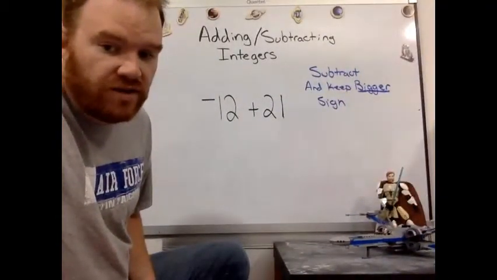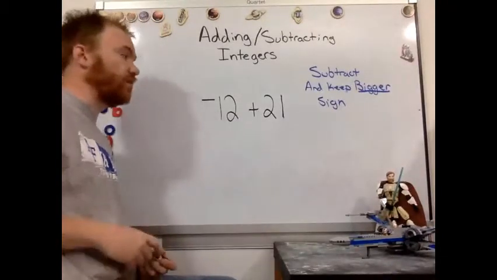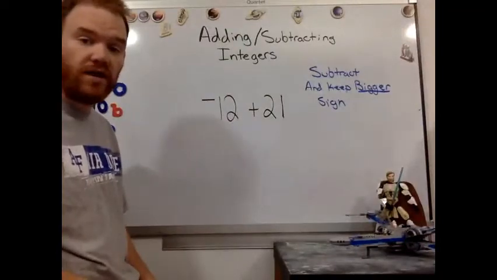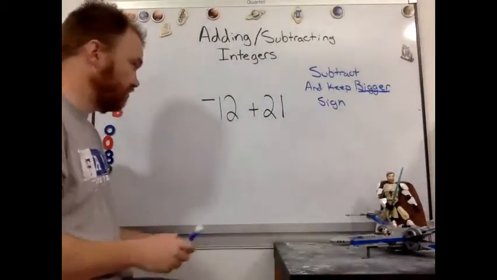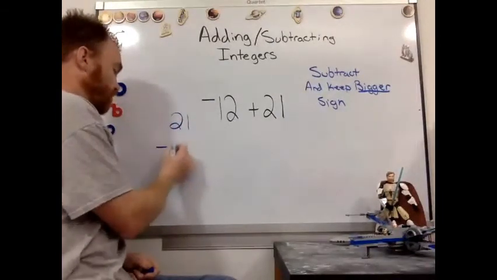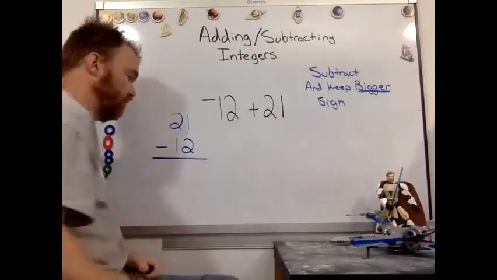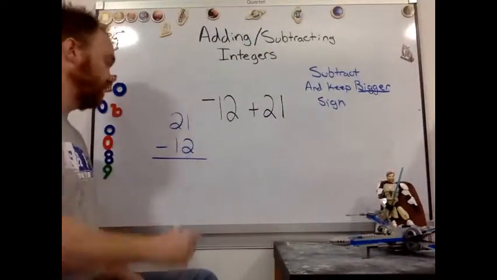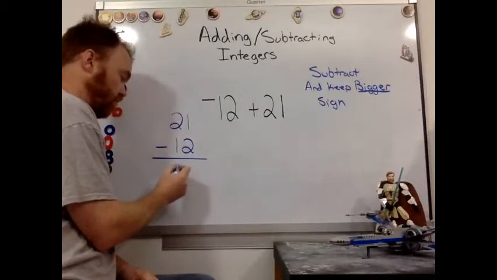All right, hopefully you hit pause and you were able to figure this out. Okay, we're going to go by our rule. Our rule there states we're going to subtract and keep the bigger number sign. Sounds good. So we do 21 minus 12. 21 minus 12 ends up being 9.